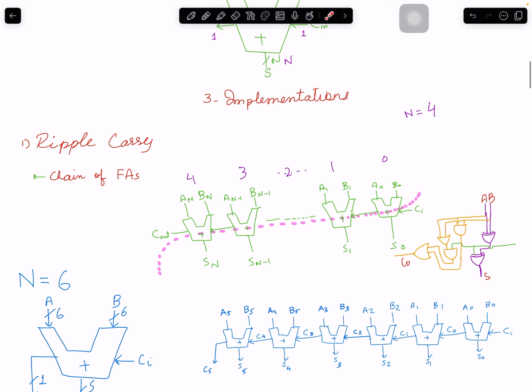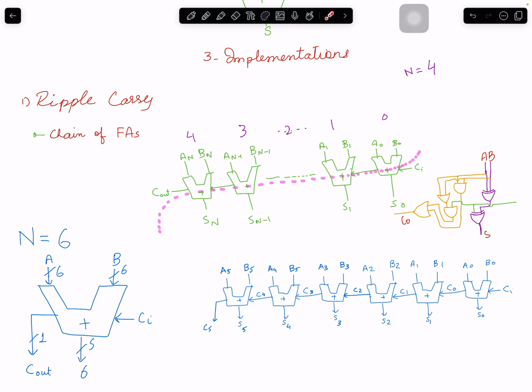Then we look into the ripple carry adder. In a ripple carry adder, a chain of full adders is connected together. For example, a 5-bit adder has a bit 0 full adder, bit 1, up to bit n minus 1. This is just a generalized way of showing how things are connected.